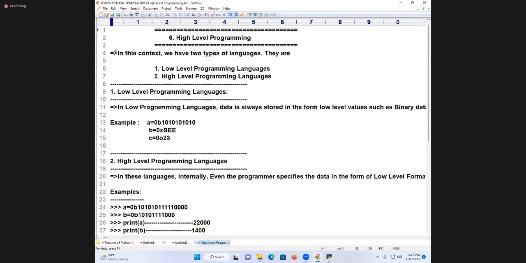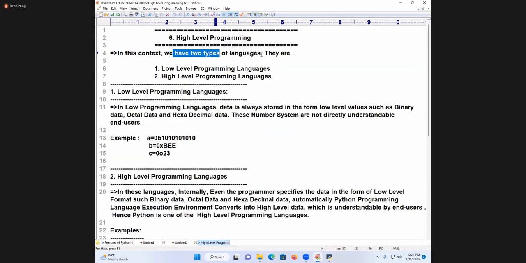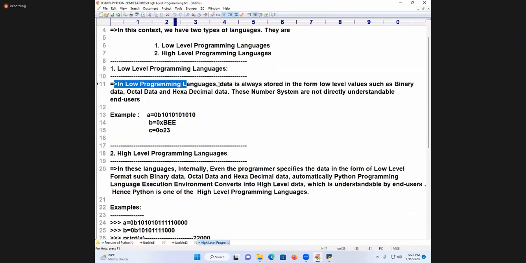Automatically you can understand. In this context, we have two types of languages. They are, number one, low level programming languages, and number two, high level programming languages. Low level programming languages, read out. In low level programming languages, data is always stored in the form of what? Low level values such as binary data, octal data, hexadecimal data.